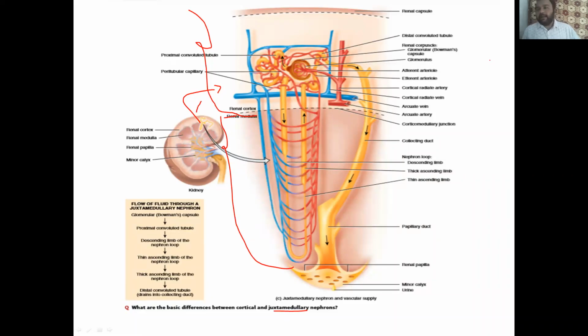So what will be the journey of fluid passing through the nephron? First of all, fluid enters here. The filtrate enters the lumen between the two layers, the capsular space.